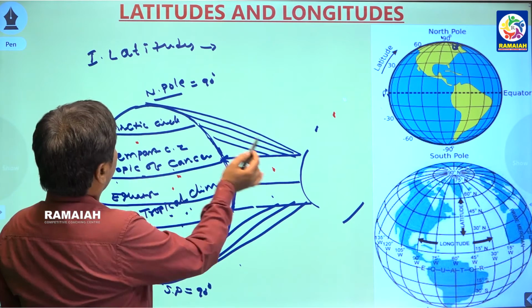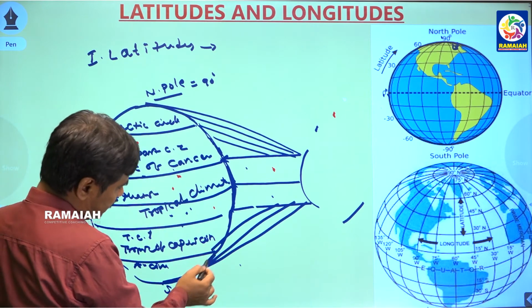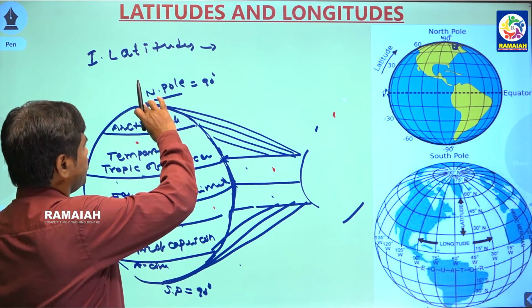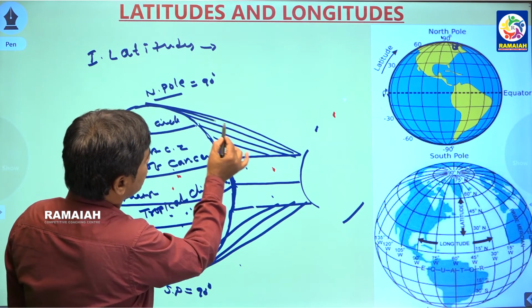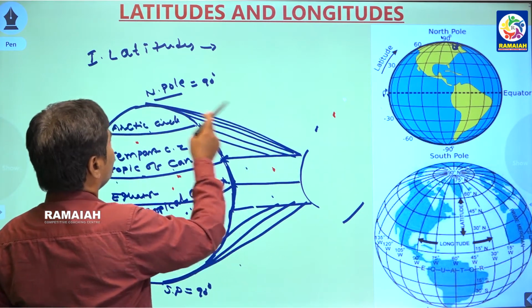Now you can see, in the more upper part, 66 to 90 degrees, this region receives the sun rays very far from the sun.